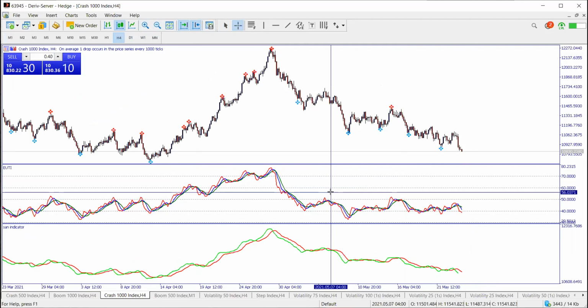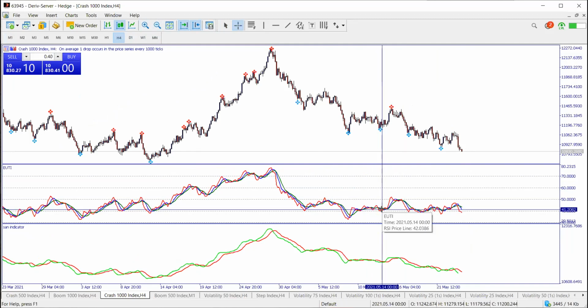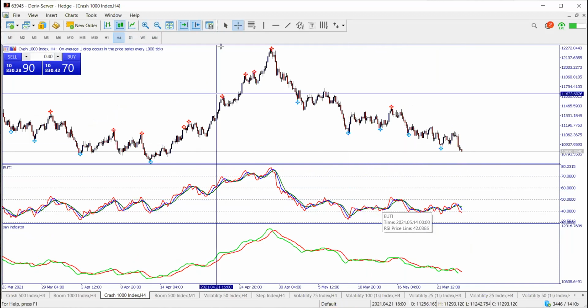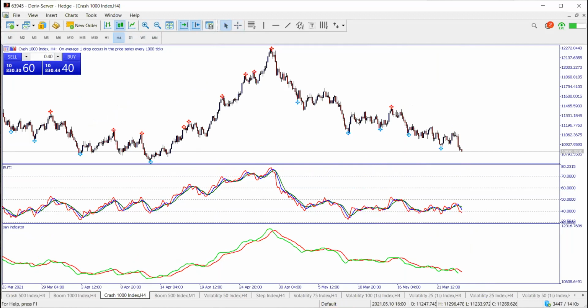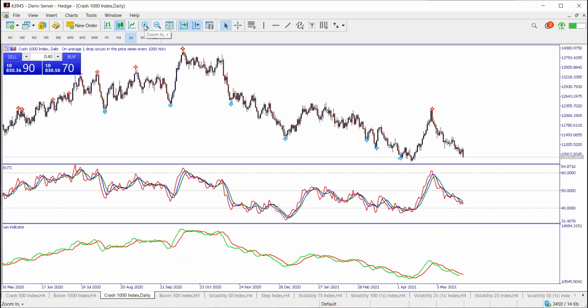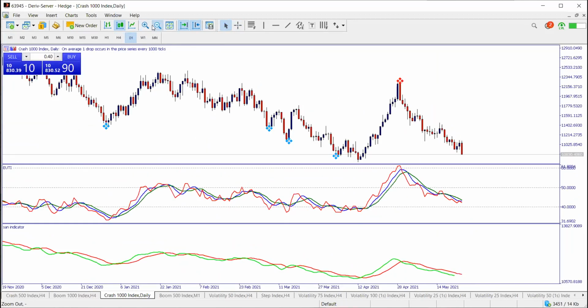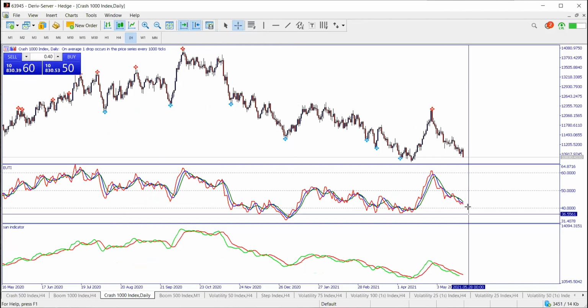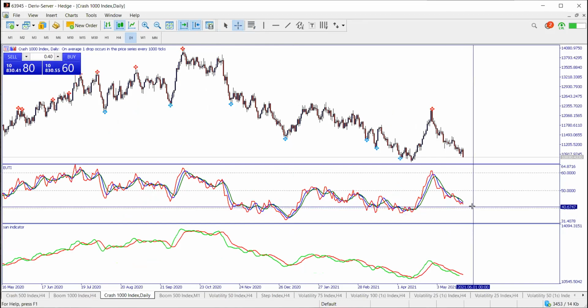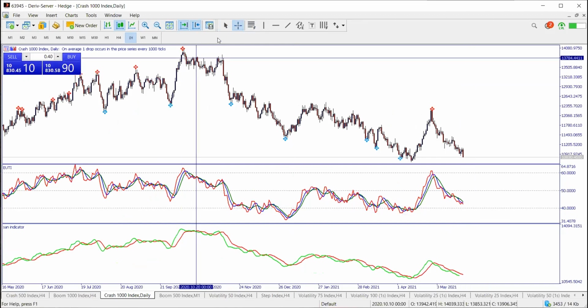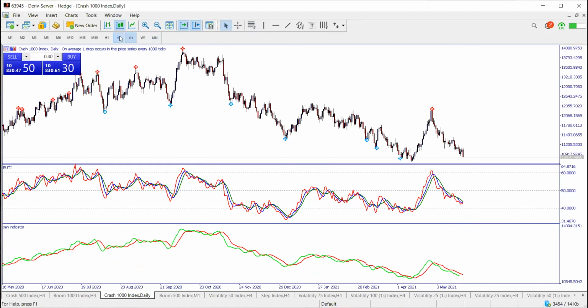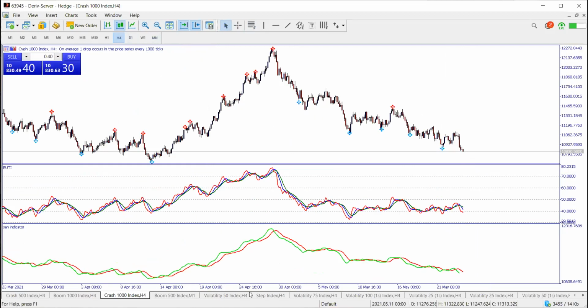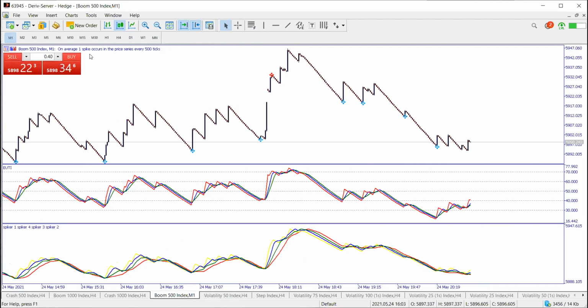Rather, you may buy it, but just always know that trading against the spikes is kind of a risk. So just do it with caution. But then Crash 1000 is a buy. Even if we check it on D1, it is coming down here to touch level 40 again. So it will be a very, very strong buy. But give it time. You don't buy it yet. Give it time for proper confirmation.